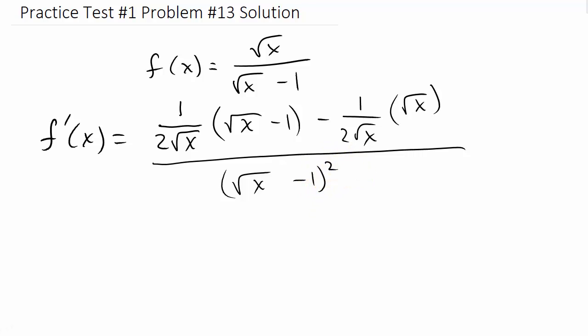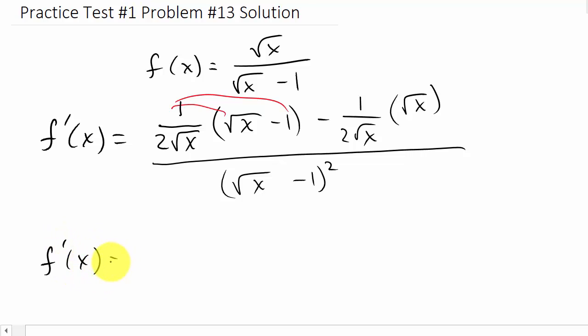Okay, so now let's come over here and distribute, and let's multiply here. So I get f prime of x is equal to, well, when I distribute here, the square roots cancel out, so I'm left with a half.